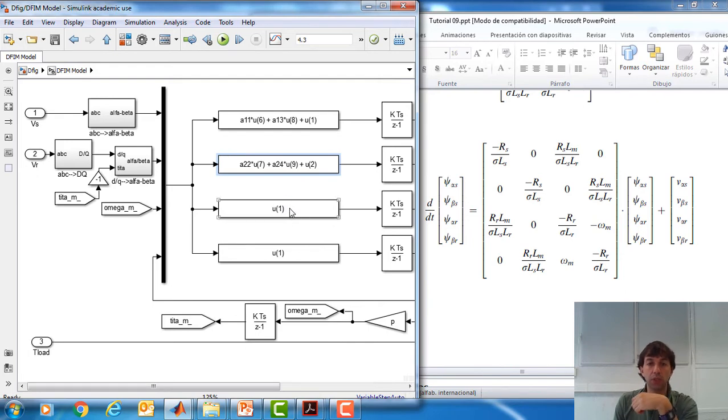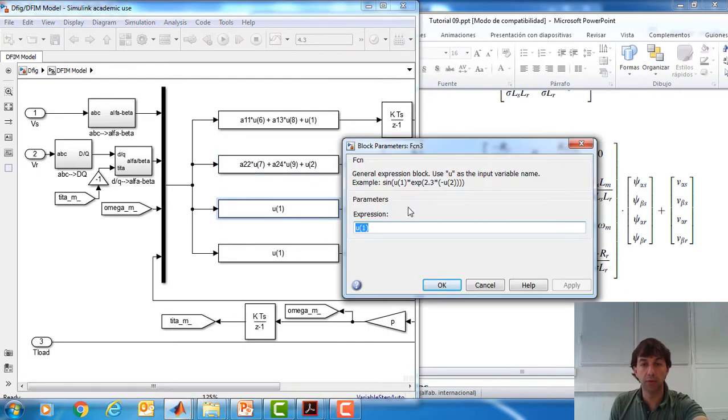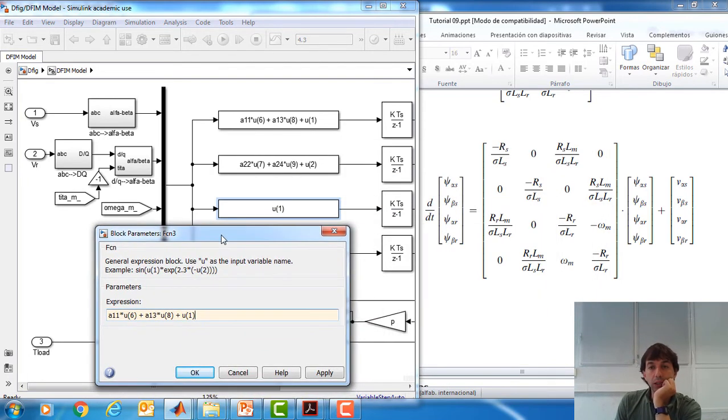Okay, so let's do the same, but let's copy again there. With the rotor flux, that will be A31 multiplied by U6.